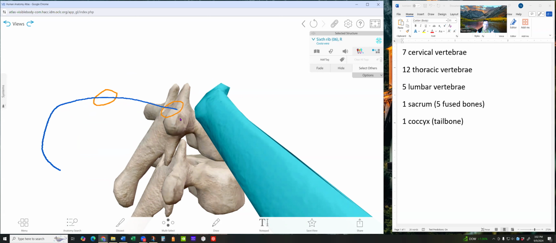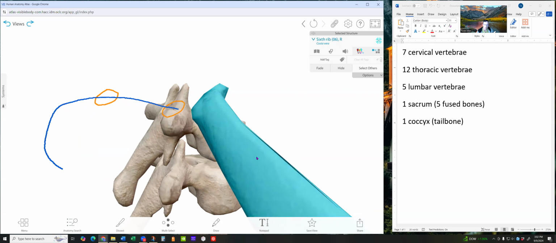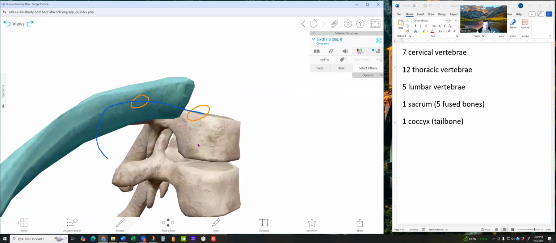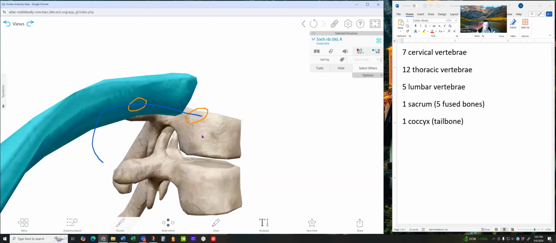Okay, so let me move that back into position, right? It's a little finicky, but that's basically how the rib is touching the vertebra. Take a look at it through multiple viewing perspectives. Look at it in pictures in your book.